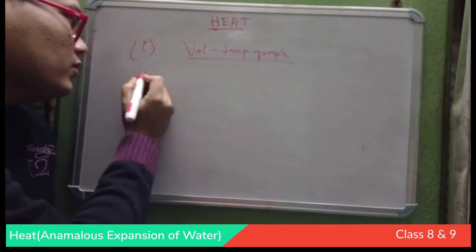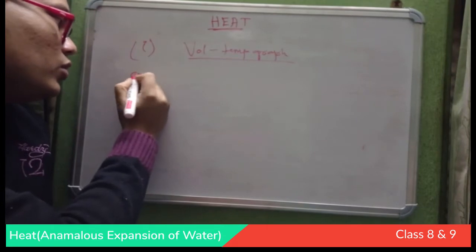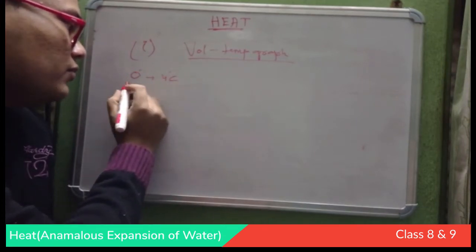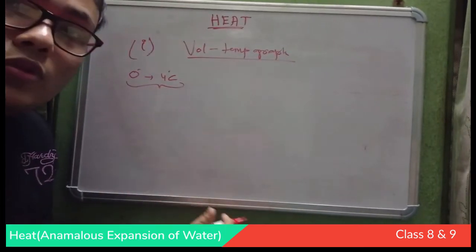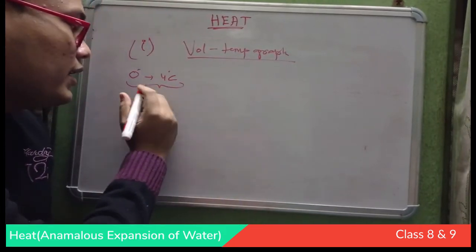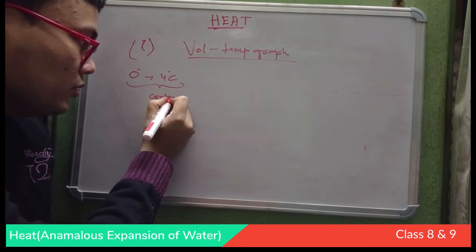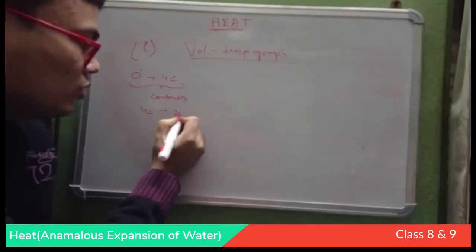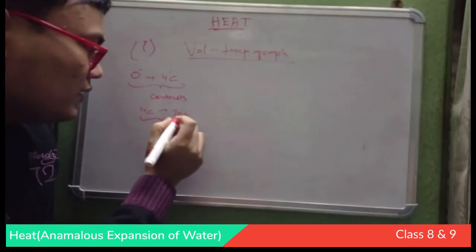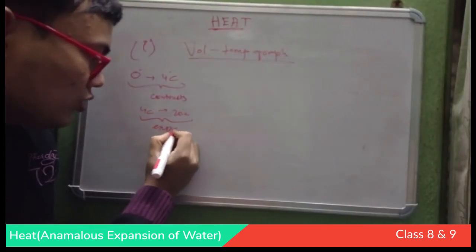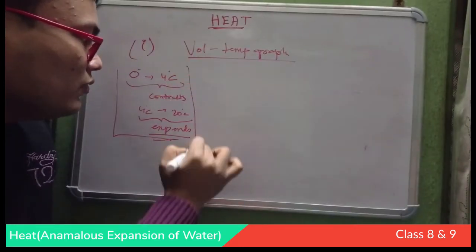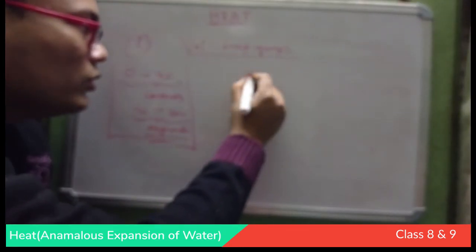As discussed, when water at 0 degrees Celsius is heated to 4 degrees Celsius, the volume decreases, that is, it contracts. Again, from 4 degrees Celsius to 20 degrees Celsius, let's say it expands. It shows the normal properties.